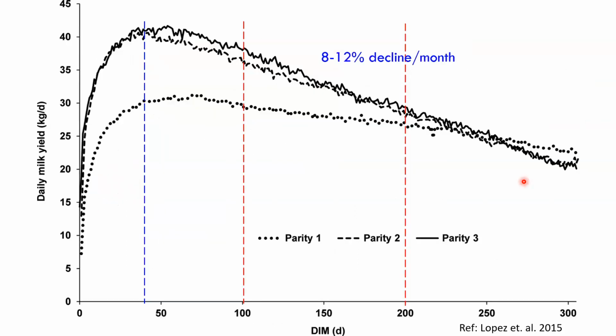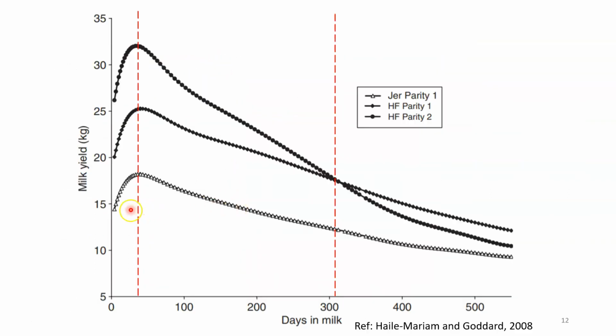In the previous chart we looked at the different parities, and here we look at different breeds. Look at Jersey. Obviously Jersey animals are lower producers, and Holstein Friesians are higher producers.